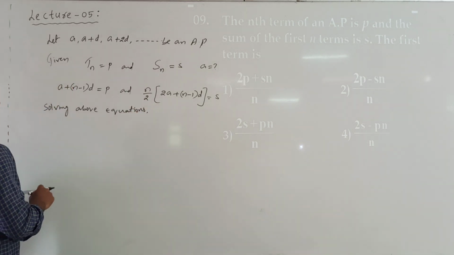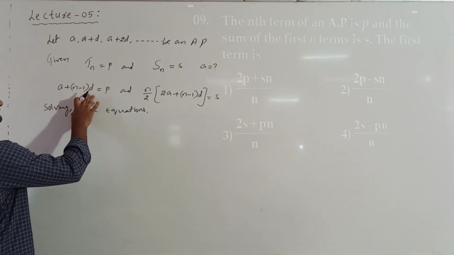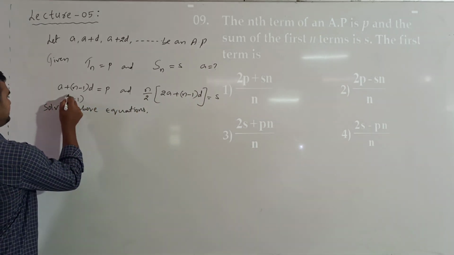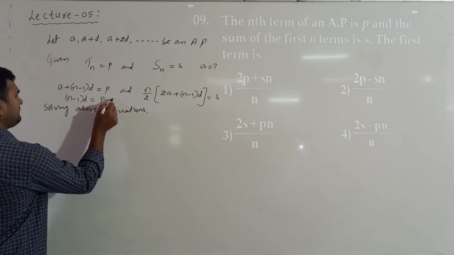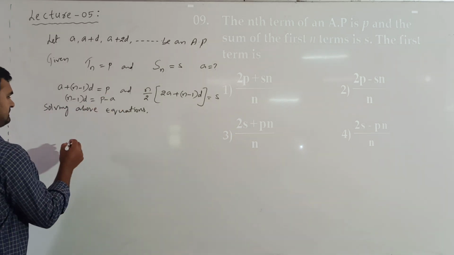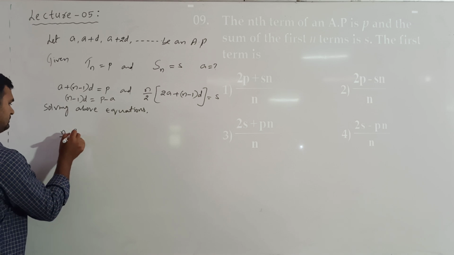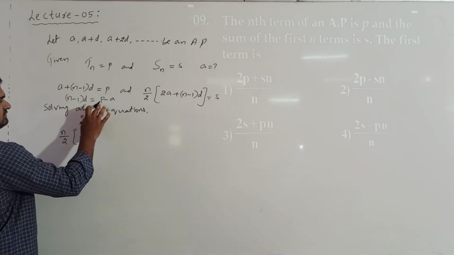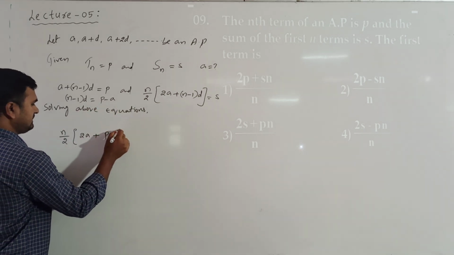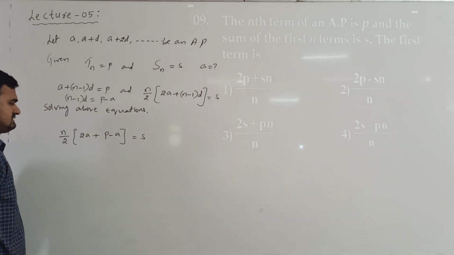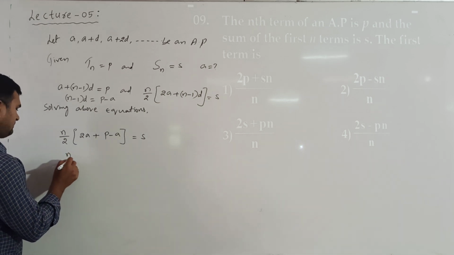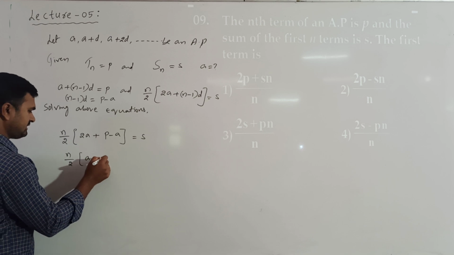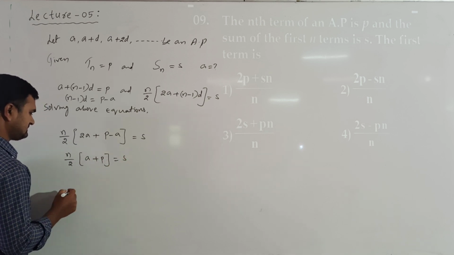Solving our equations, n minus 1 into d: how can I write n minus 1 into d as p minus a. So substitute: n by 2 into 2a plus n minus 1 into d, which is p minus a, is equal to s. So n by 2 into 2a minus a is a plus p, equal to s.